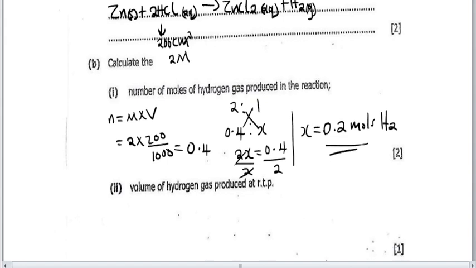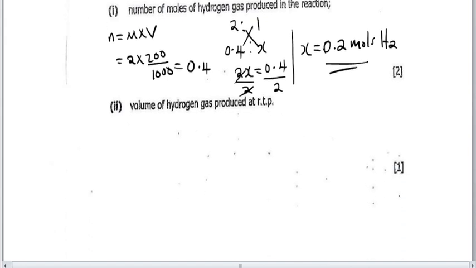The other one, volume of hydrogen gas produced at RTP. So I'll start by saying volume is given by number of moles. Now RTP simply means room temperature and pressure. So the volume of a gas at RTP is given by number of moles multiplied by 24 cubic decimeters.